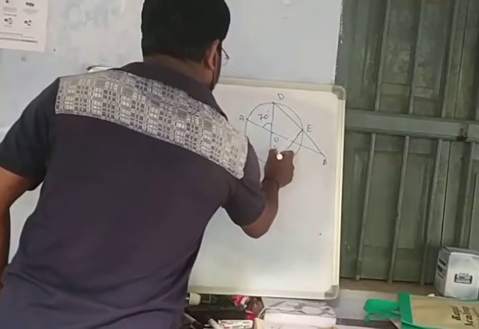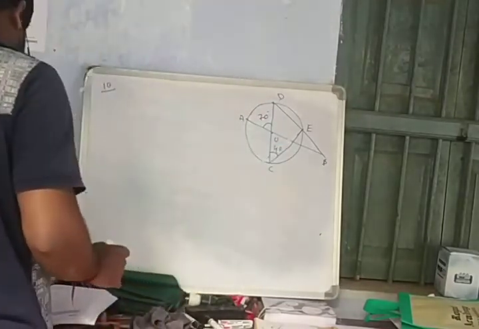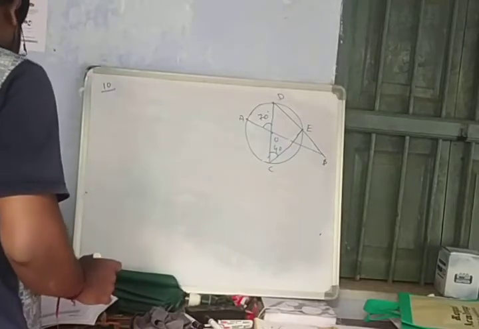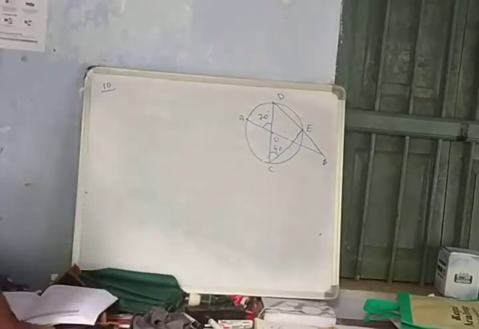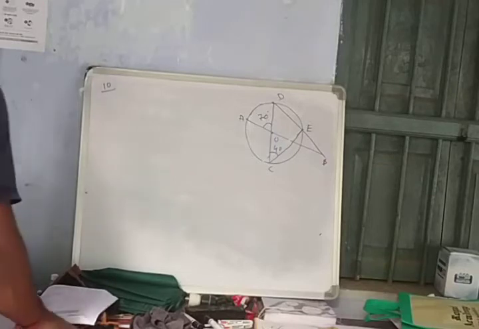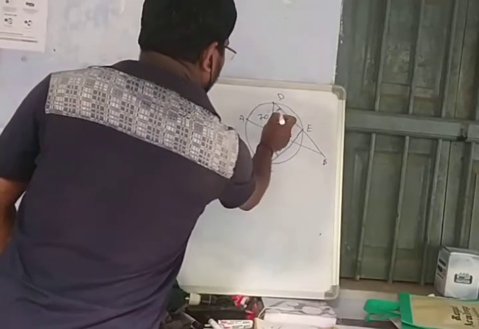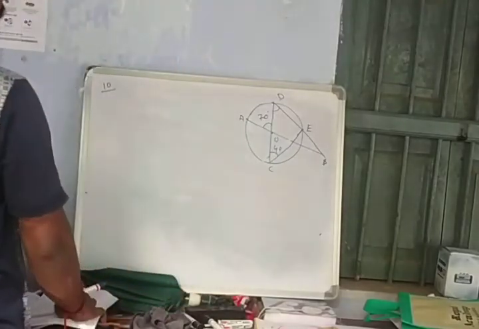This is 40 degrees. You have to find first CDE, then OBE. CDE means this angle. You have to find this angle. Okay.